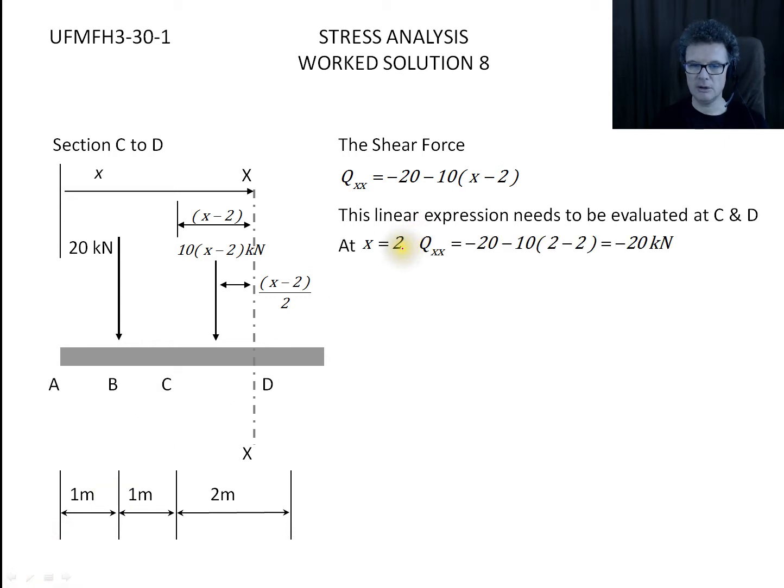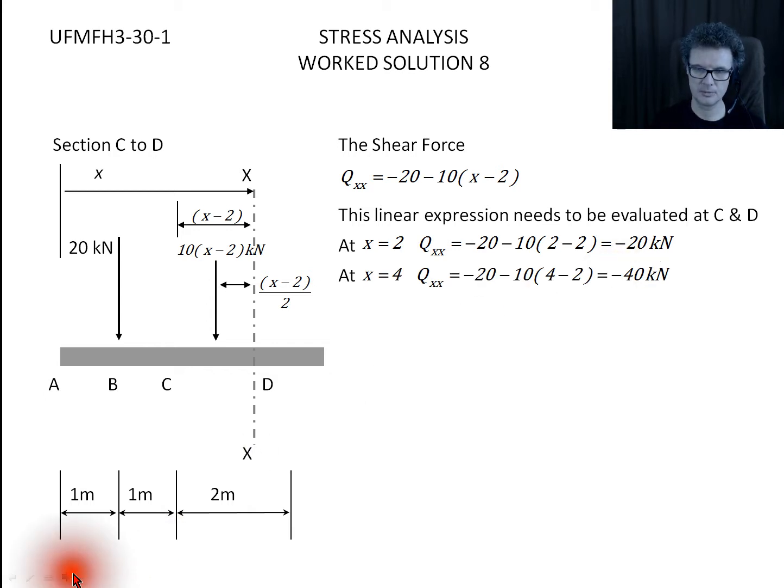So I put them in. So my start position is x equals 2, so that's minus 20. That's not a surprise because that's where we ended up from our last change. And then when we come to the end position, our first support at D, where x equals 4, in that particular case we then get minus 40.